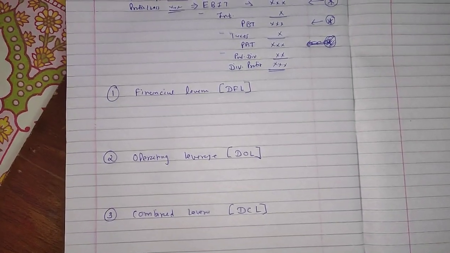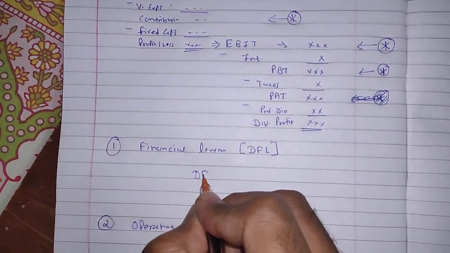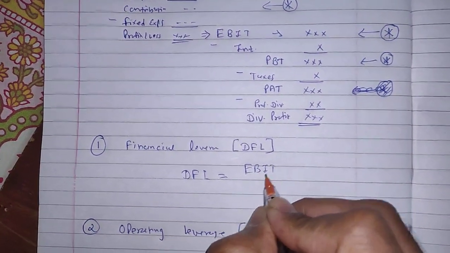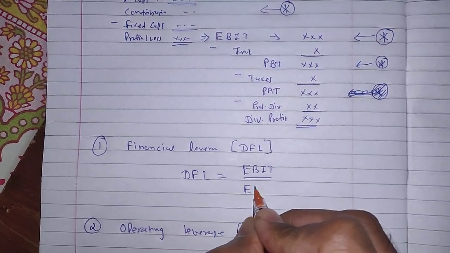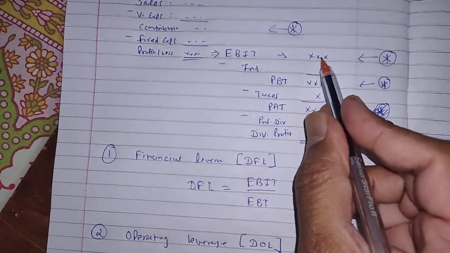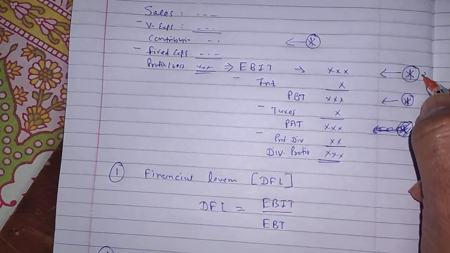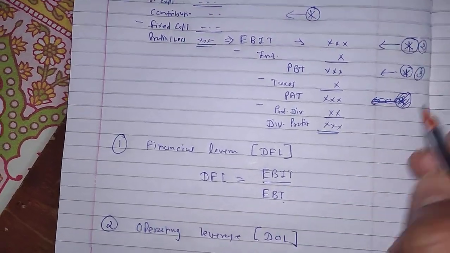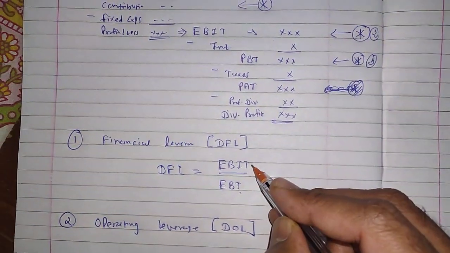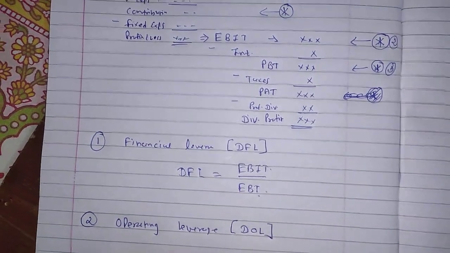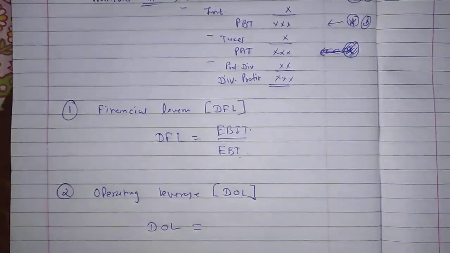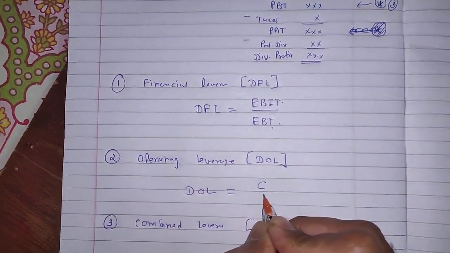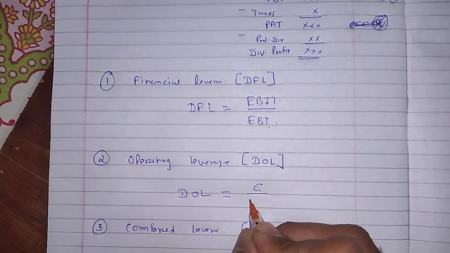Okay, going toward the formulas. DFL, that is degree of financial leverage, is equal to EBIT divided by EBT, that is earning before interest and taxes. This is 2, and EBT, that is 3. So we can say it is 2 divided by 3, EBIT divided by EBT. Degree of operating leverage is very simple. It is C, contribution divided by EBIT.